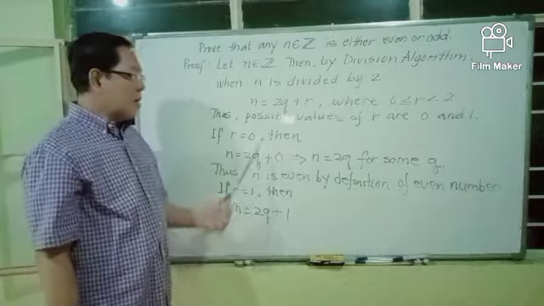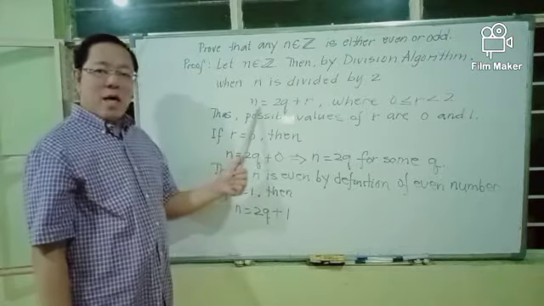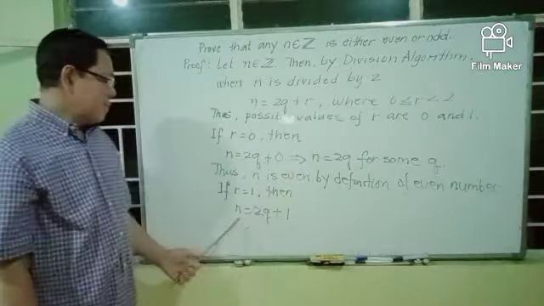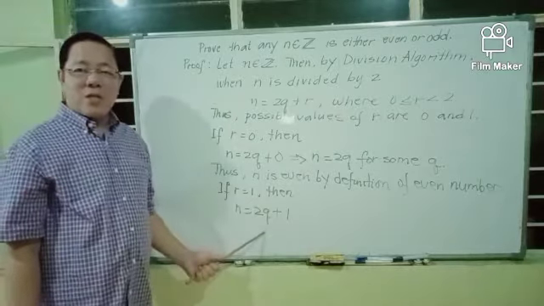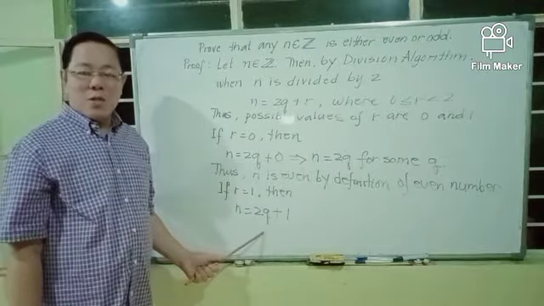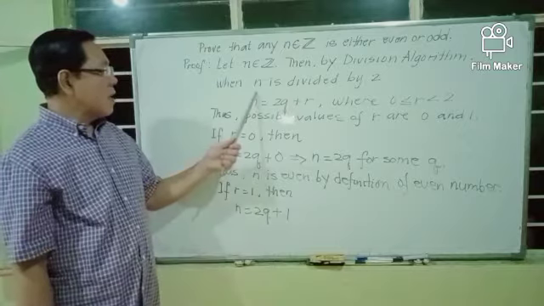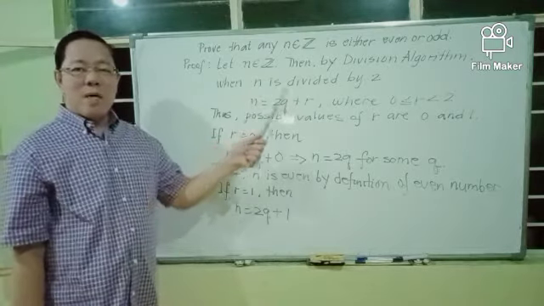If the remainder R is 1, this becomes N equals 2Q plus 1 for some integer Q, and we are sure that Q exists because N is divisible by 2.